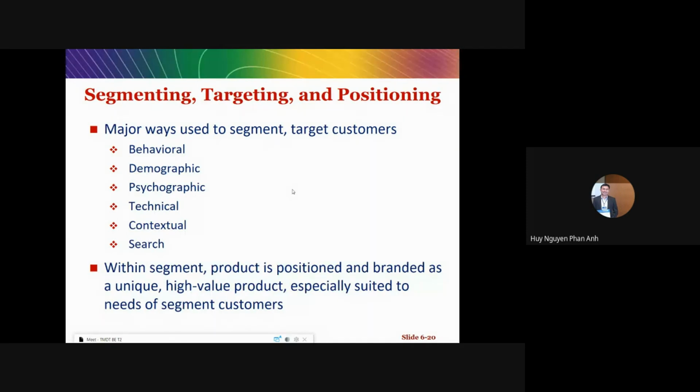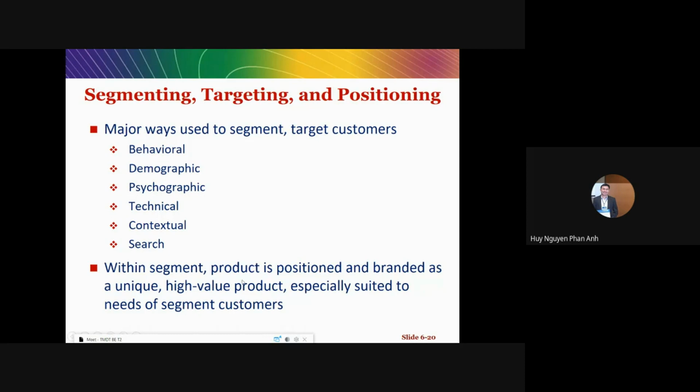Okay, so how to conduct the segmentation? I believe that you have learned in the marketing principles. So maybe it's based on the behavioral, demographic, psychographic, or even the search. We call it the micro segmentation.